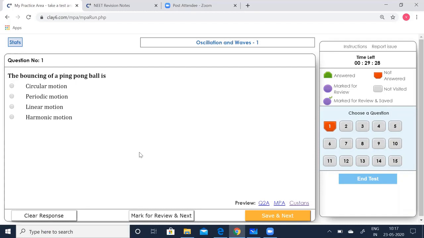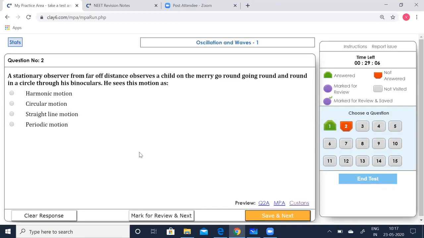It is not a simple harmonic motion because there is no restoring force, or the restoring force applied due to gravity is not proportional to the displacement. So it cannot be a simple harmonic motion. So it is a periodic motion as the ball reaches the top periodically. So option B is correct. So quickly save that, go to the next.